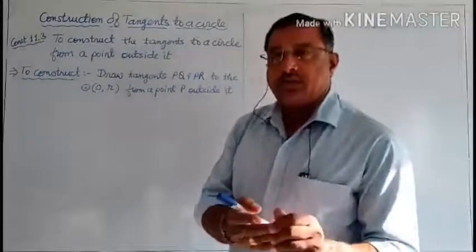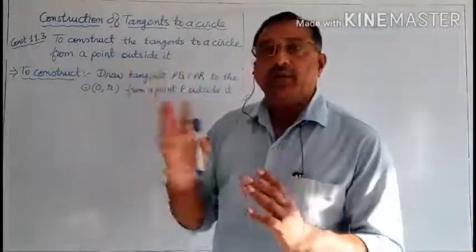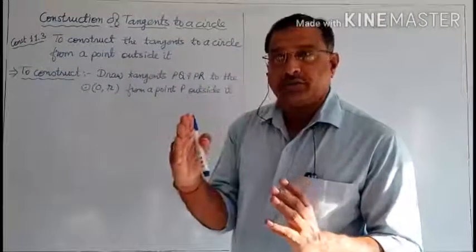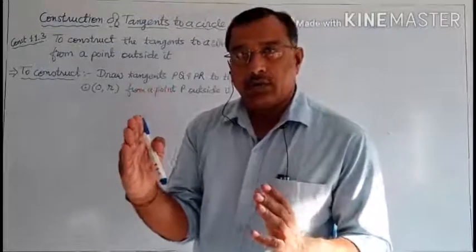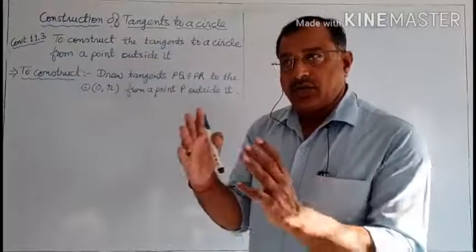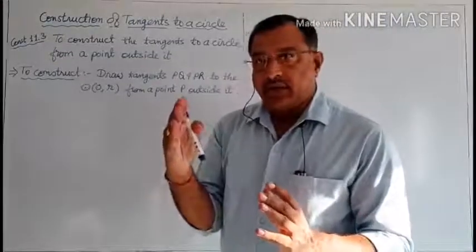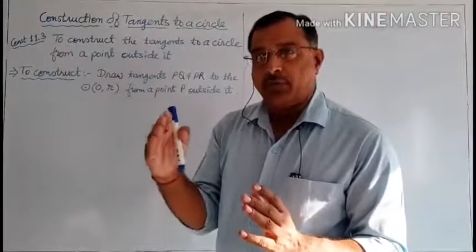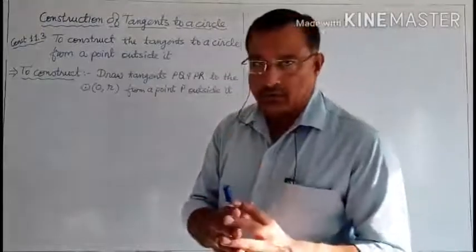In the chapter on circles you would have studied: if a radius is drawn, then at a point A on the circle, if we draw a perpendicular to the radius, it is called a tangent to a circle.